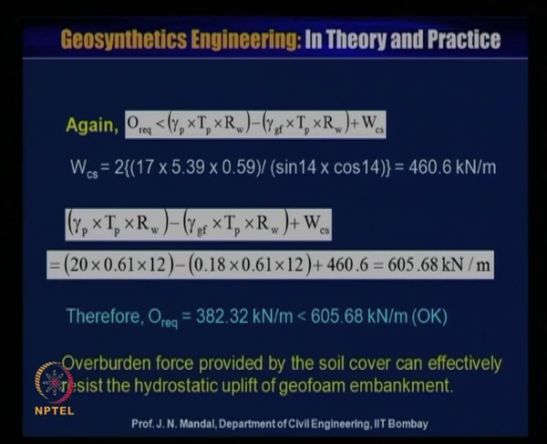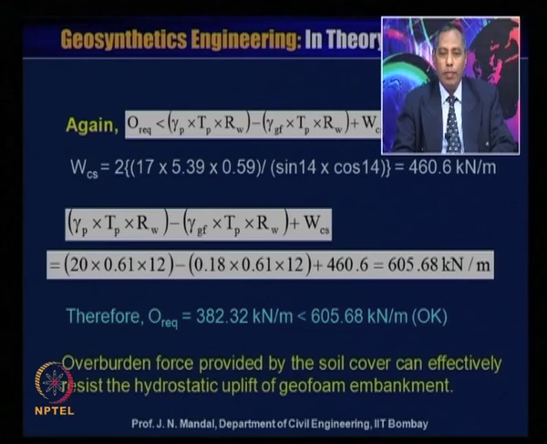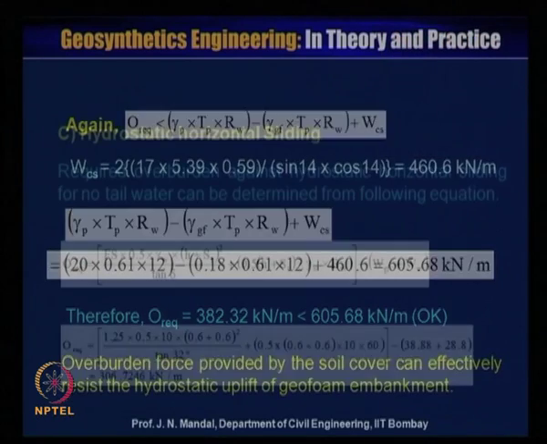Therefore, O required is 382.32 kilonewton per meter, which is less than 605.68 kilonewton per meter. That means it's okay. So the overburden force provided by the soil cover can effectively resist the hydrostatic uplift of the geofoam embankment.